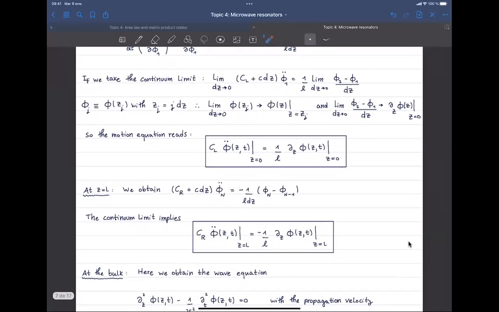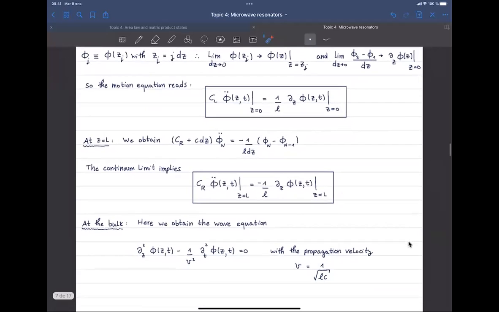Then at the end of the coplanar waveguide resonator, we have this equation. Again, you look for the Kirchhoff laws or motion equations for the last node in our transmission line. If you compare this equation with this one, there appears a minus sign in front.